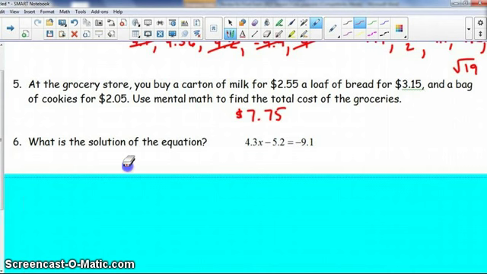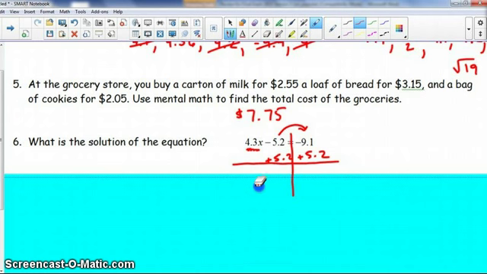Number 6, what is the solution to the equation? Well, this is where I like to draw my line to separate the two sides. And this is the thing I'm wanting to get by itself, the x. And so I've got to move everything away from the x, which means this 5.2 is moved away by adding it because I want a 0.